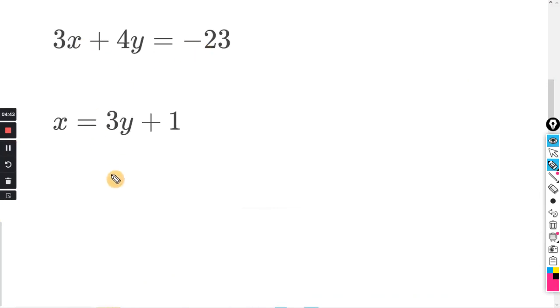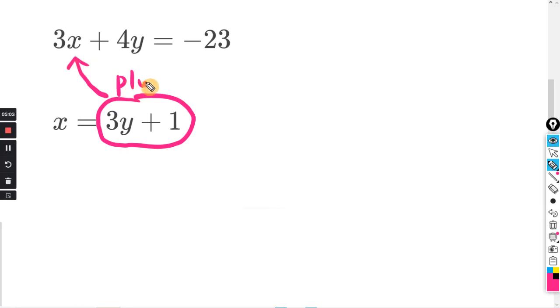Okay, we have our two equations again, but this equation here is already solved for x. We have x equals. So since x equals this expression here, I am going to plug it into the other equation in place of x. All right, so you just want to plug it in or substitute it.